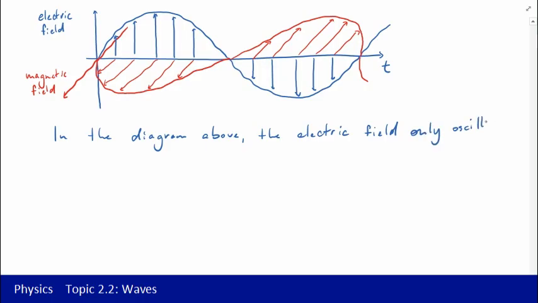With light though, it oscillates in all directions. So it doesn't just oscillate vertically, it oscillates horizontally, up and down, left and right, on angles, all sorts of different directions. So light oscillates in all planes.